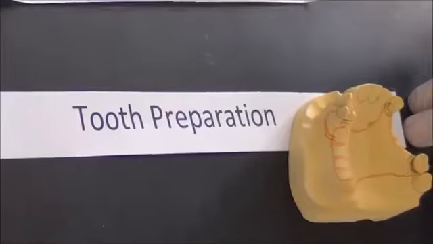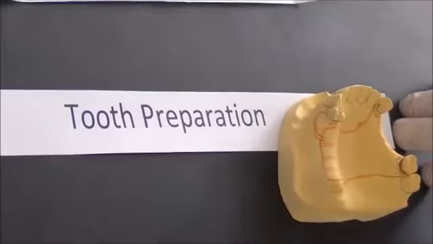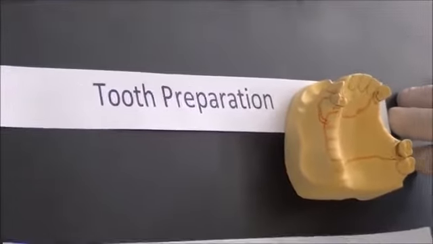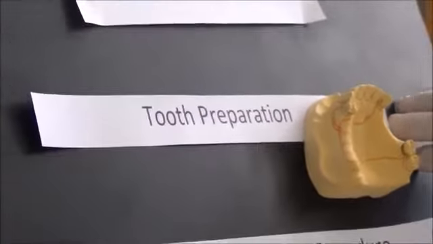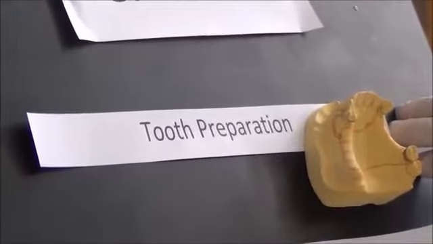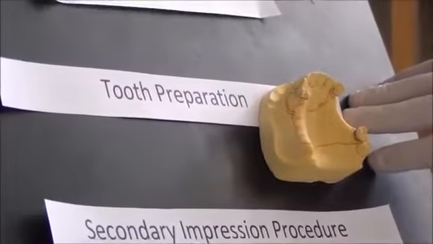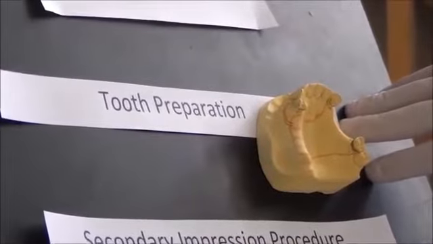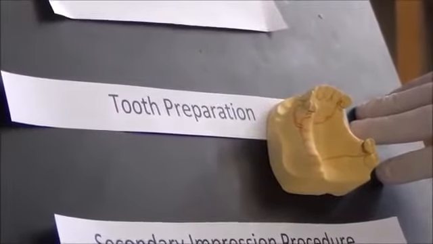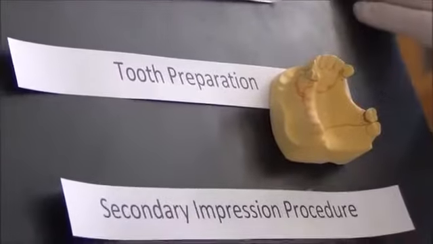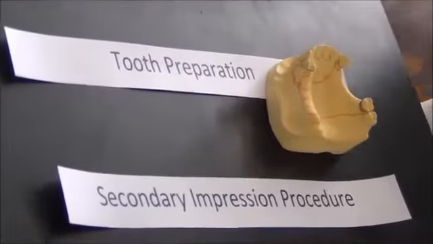I would like to remind you that the natural tooth form is smooth and continuous, but it does not have places to place a specific guide plane or rests. So we do tooth preparation to make the shape of the tooth accommodate components such as guide planes and rests.